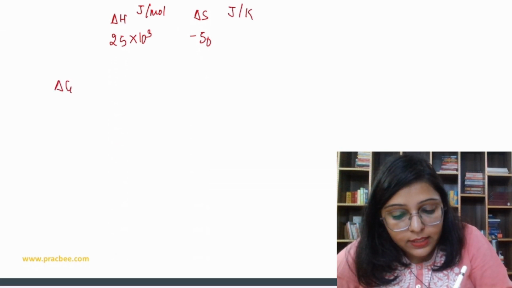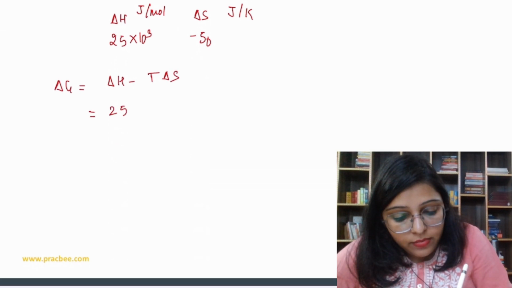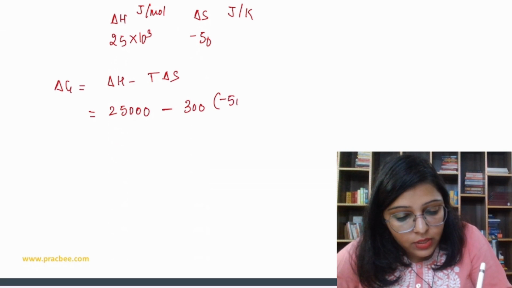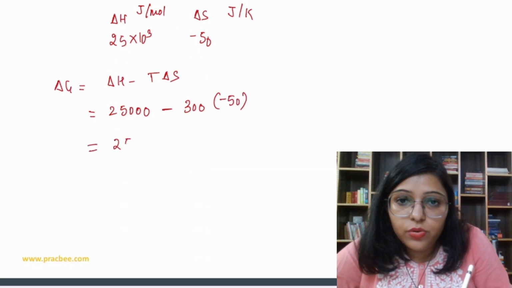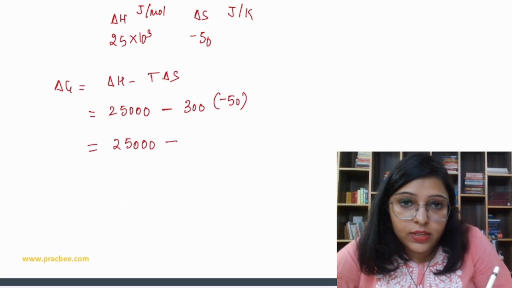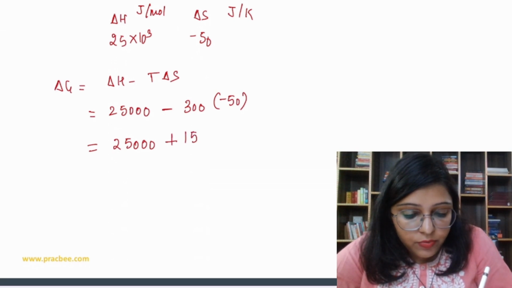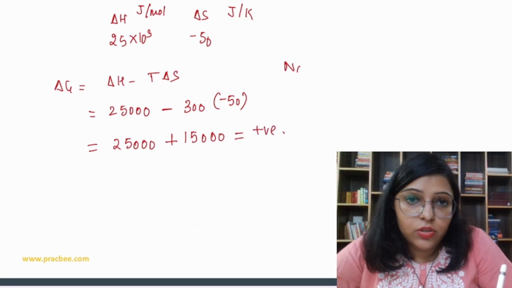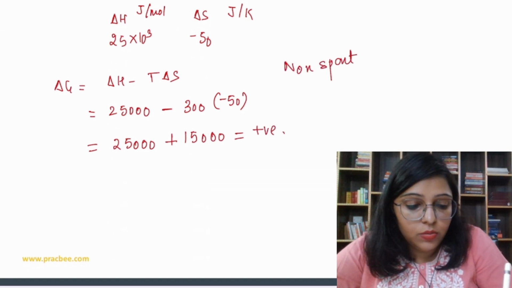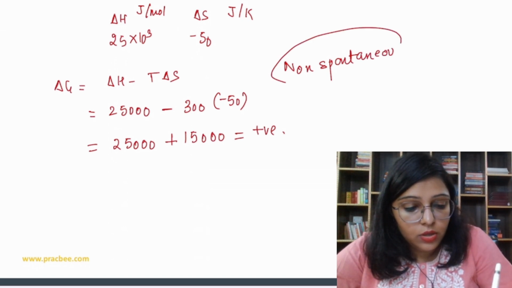So delta G is equal to delta H minus T delta S. So that is 25,000 minus 300 into minus 50, which is equal to 25,000 plus 15,000. So that is going to be positive. So the reaction is non-spontaneous. So the third process is non-spontaneous.